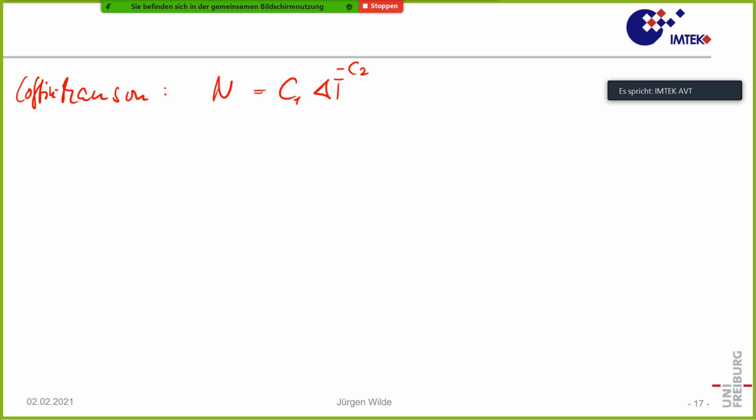You can also use other parameters. You can use strain or so, insofar it was not too wrong. There should be something after the delta, but you could also take the strain, because delta T is often proportional to the delta epsilon, the plastic strain. So the original Coffin-Manson is in fact NF is C1 delta epsilon P to the power of minus C2.